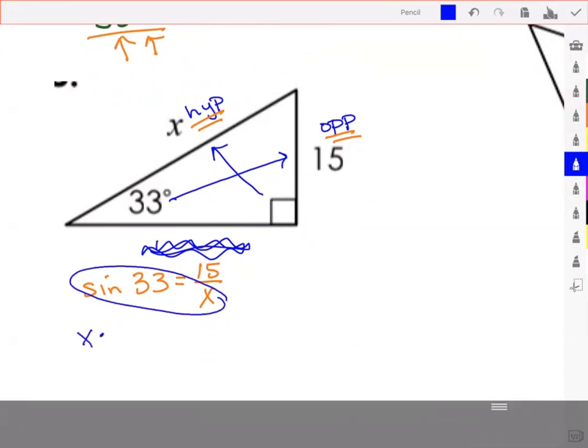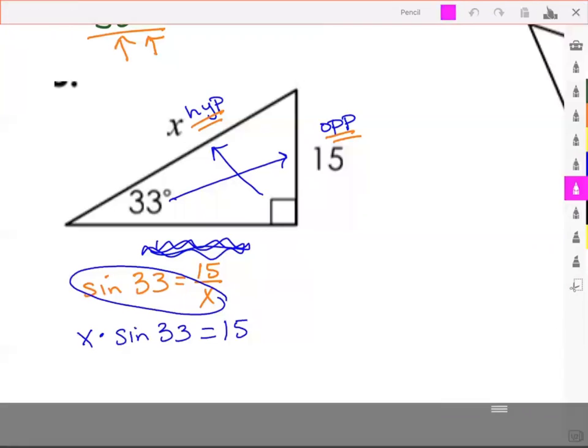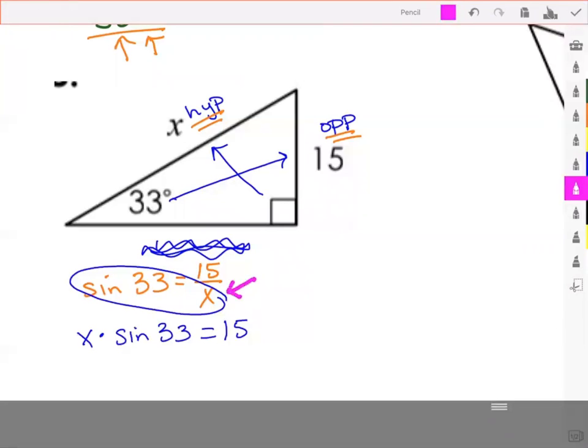So X times the sine of 33 equals 15. This time, since my X was on the bottom, when I cross multiplied, I don't have X all by itself. That's okay. We know how to do this.